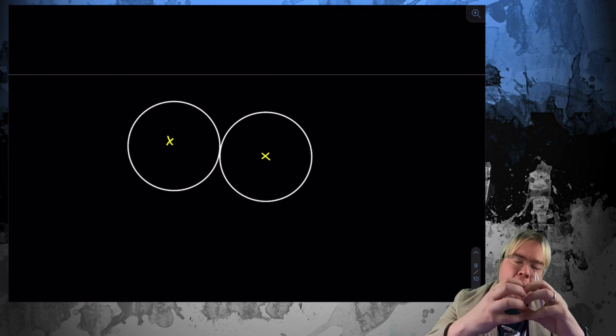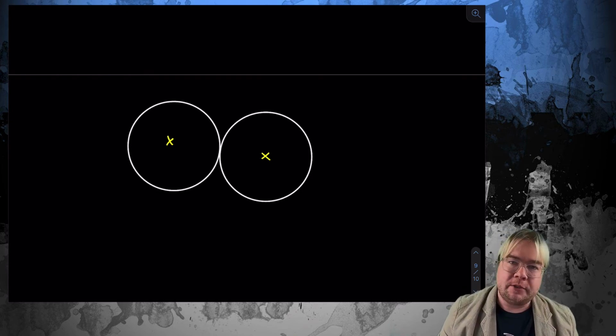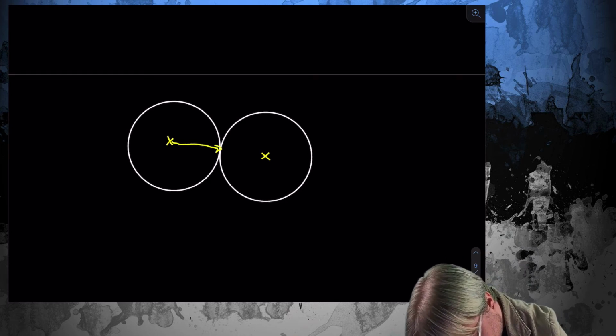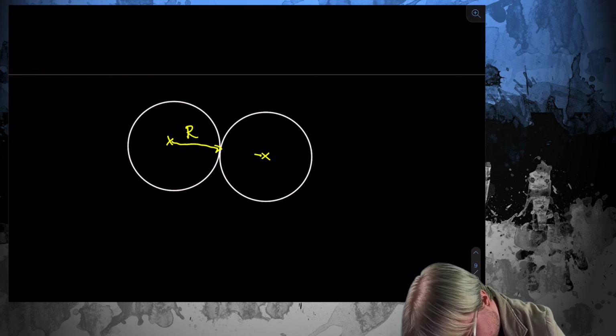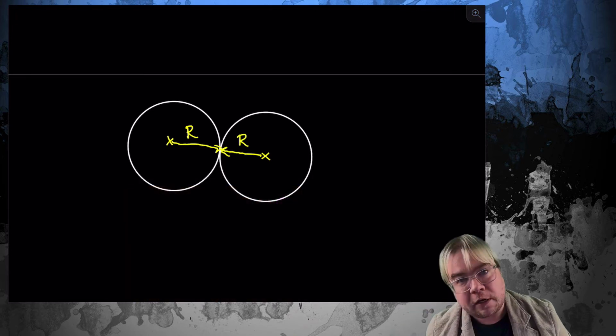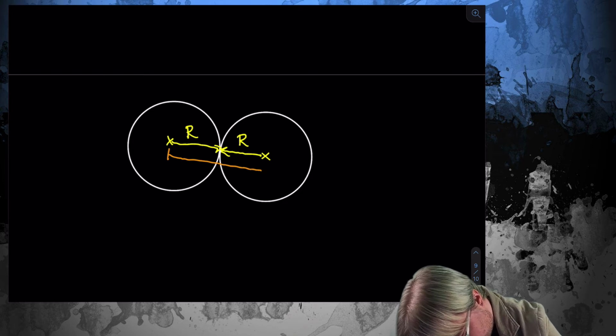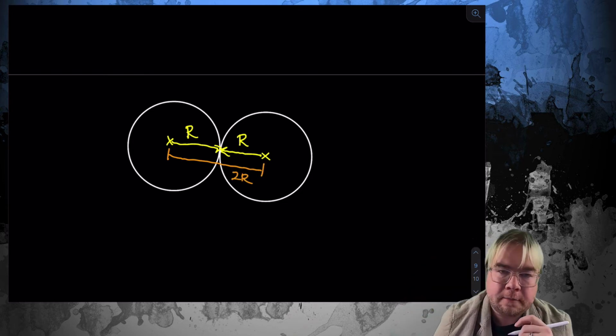It's infinitely hard to bring them closer than what I'm showing right now. And when they do this, if that's the radius of that sphere and this is the radius of that sphere, then the closest distance that their centers can get to each other is 2r.